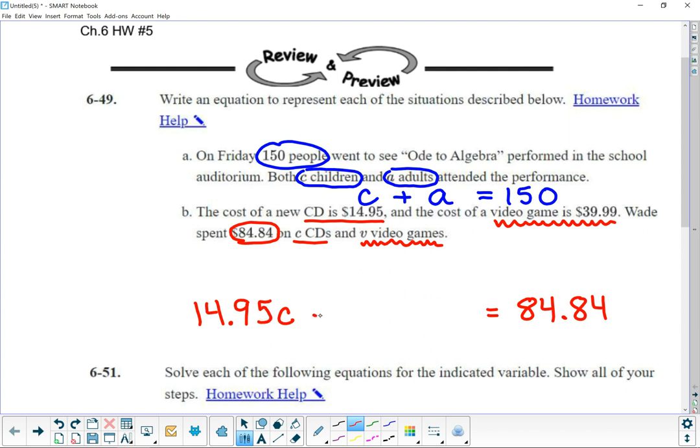And each video game is going to cost $39.99. So for every CD, we multiply it by $14.95, and for every video game, we multiply it by $39.99, and we will get a total of $84.84. Okay.